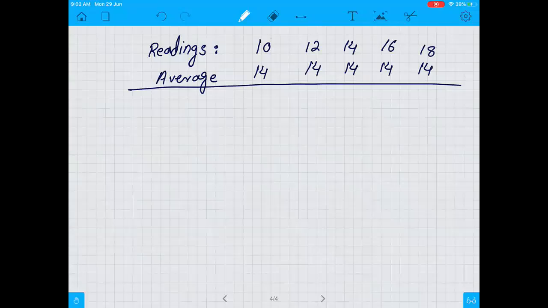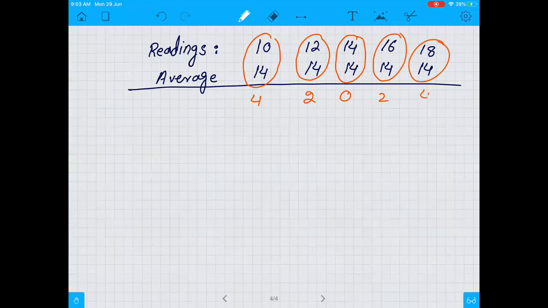First of all, the difference between 10 and 14 is 4. The difference between 12 and 14 is 2. The difference between 14 and 14 is 0. The difference between 16 and 14 is 2. The difference between 18 and 14 is 4. Now these are the deviations. Now let's calculate the average value of these deviations. That is called mean deviation.